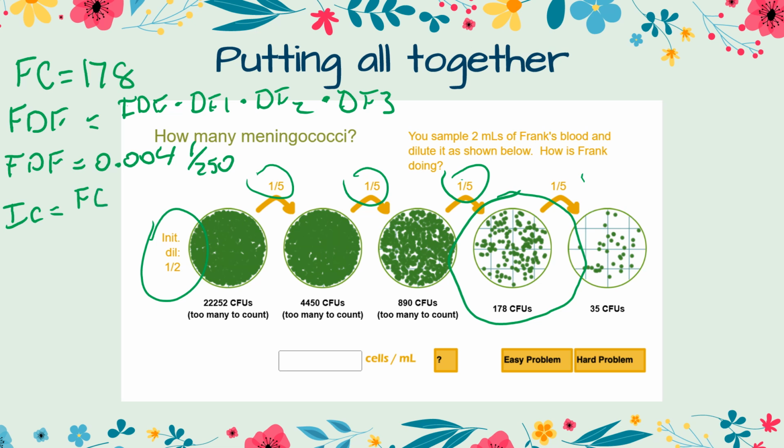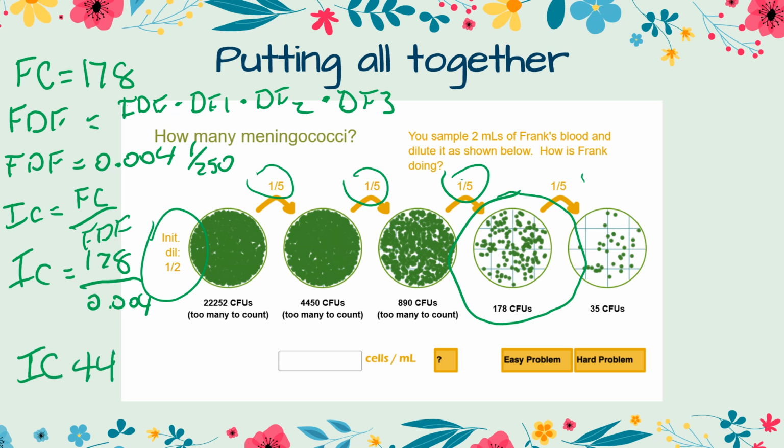Final concentration divided by final dilution factor, which would look like IC equals 178 over 0.004. So my answer would be 4,000.